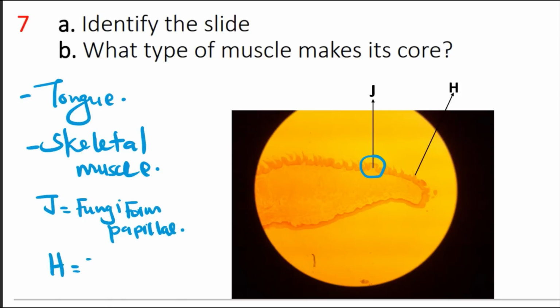And H is a filiform papillae. So know the types of papillae that are found in the tongue. It is very, very important for you to understand and to know the papillae that are found in the tongue.